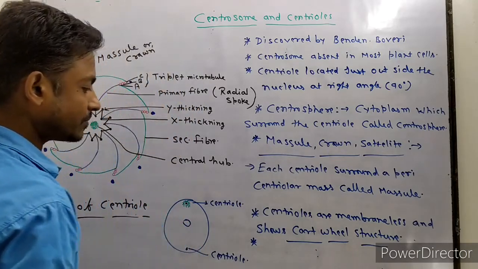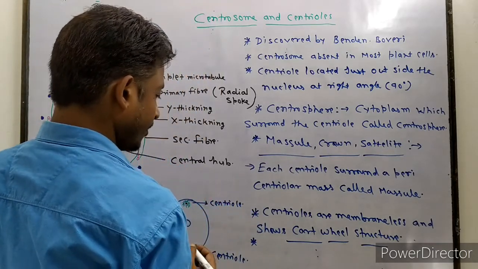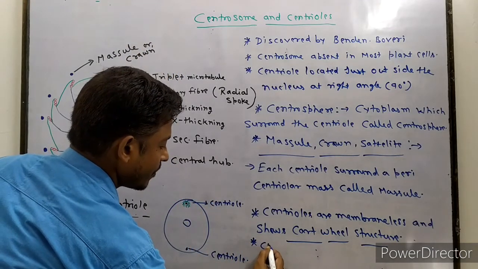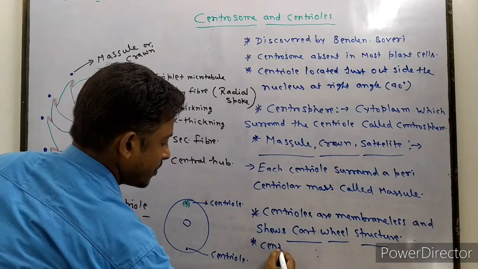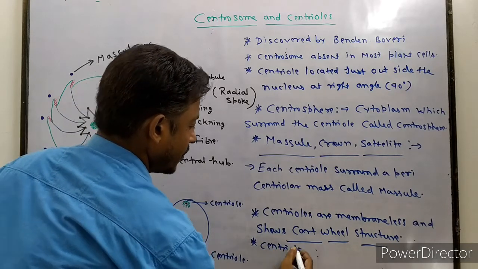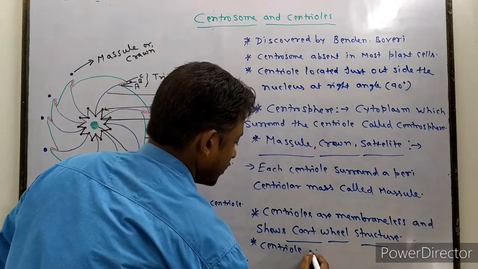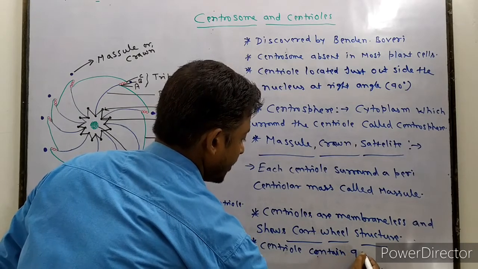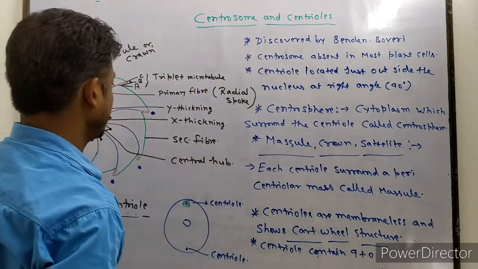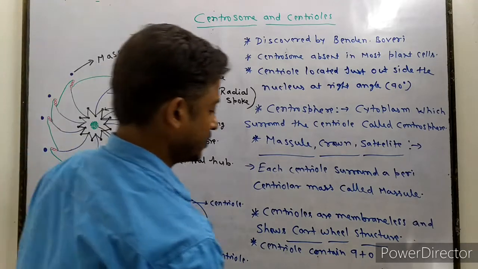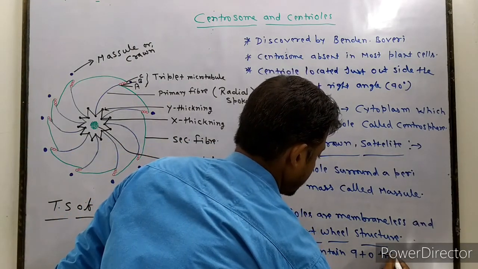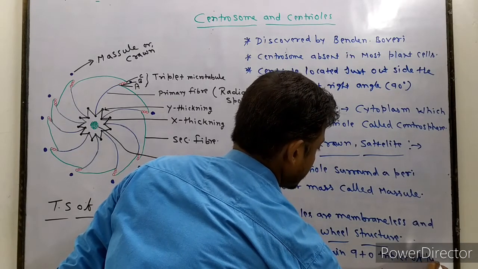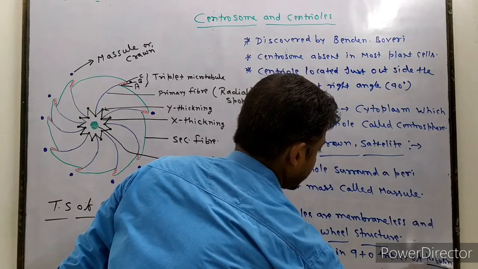Next, centriole contains 9 plus 0 triplet of tubulin.